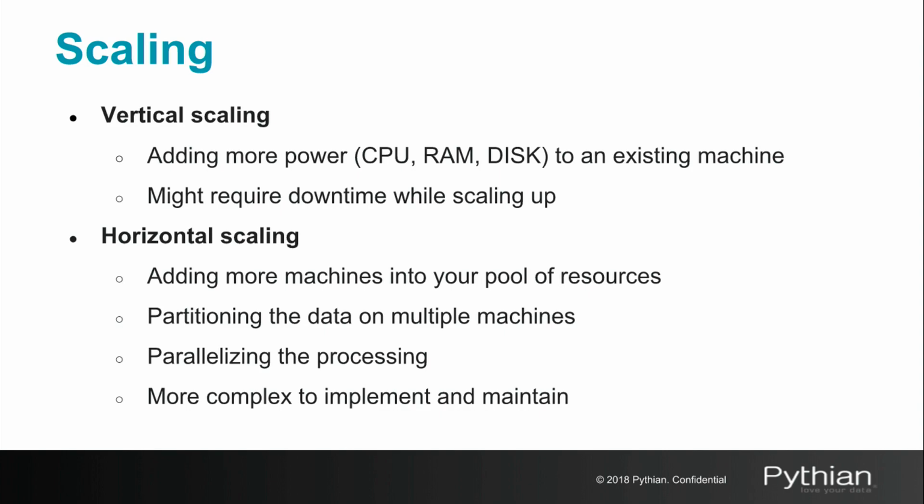The other option is scaling horizontally by adding multiple machines into your pool of resources and partitioning the data on those multiple machines. By horizontal scaling, you are parallelizing the processing. And this is usually more complex to implement.